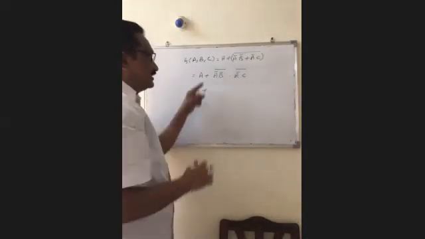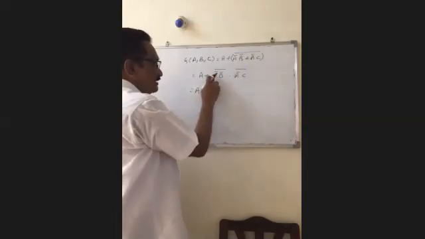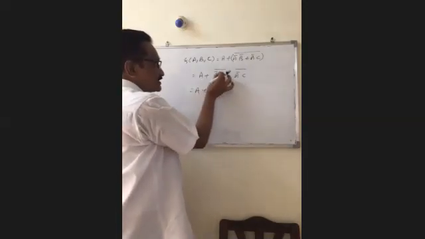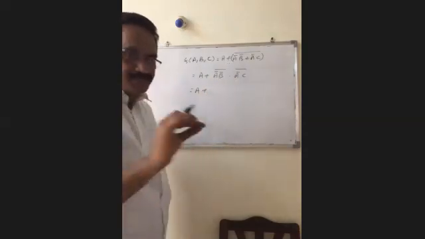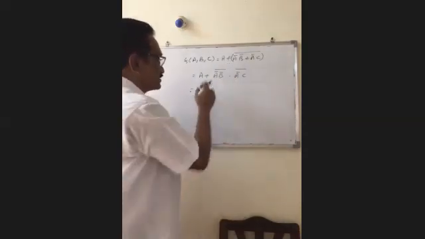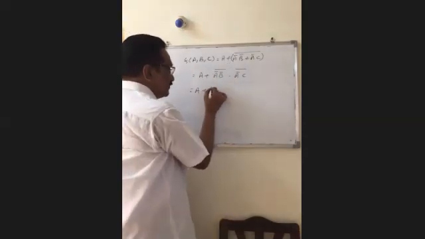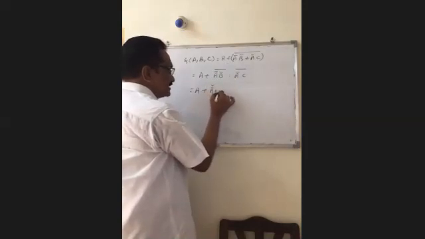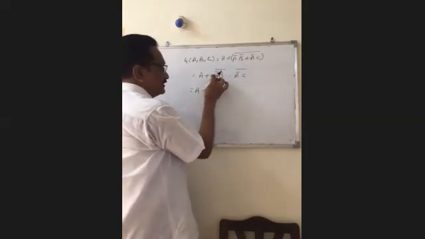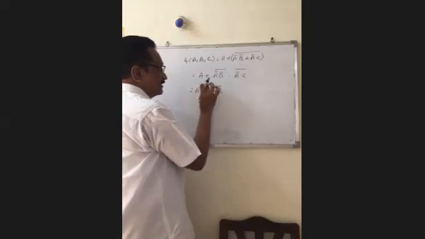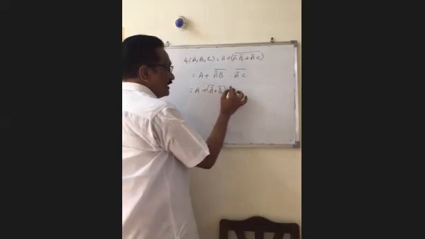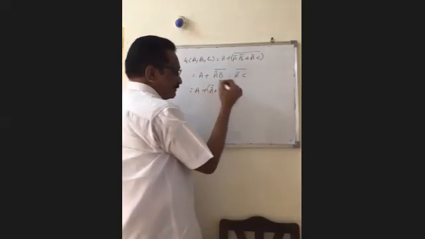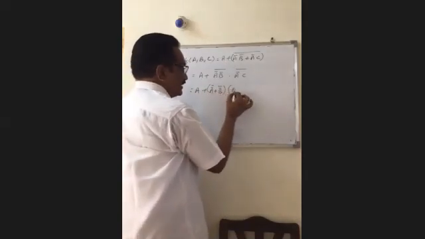So once again, according to the De Morgan's theorem, let us assume A bar is X, B bar is Y. So XY whole bar equal to X bar plus Y bar. That means it can be written as A bar bar plus B bar bar, and multiplied by the same by applying De Morgan's theorem, A bar bar plus C bar.